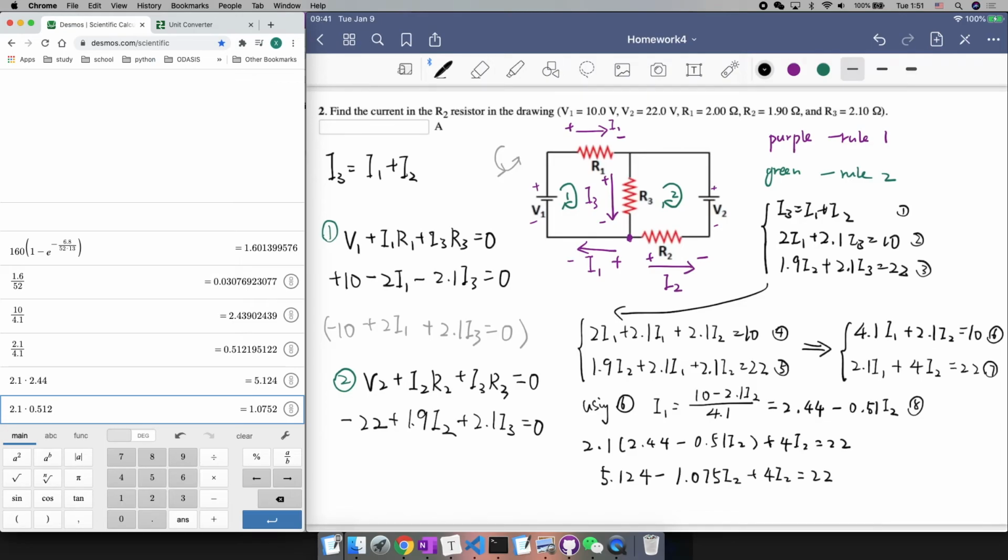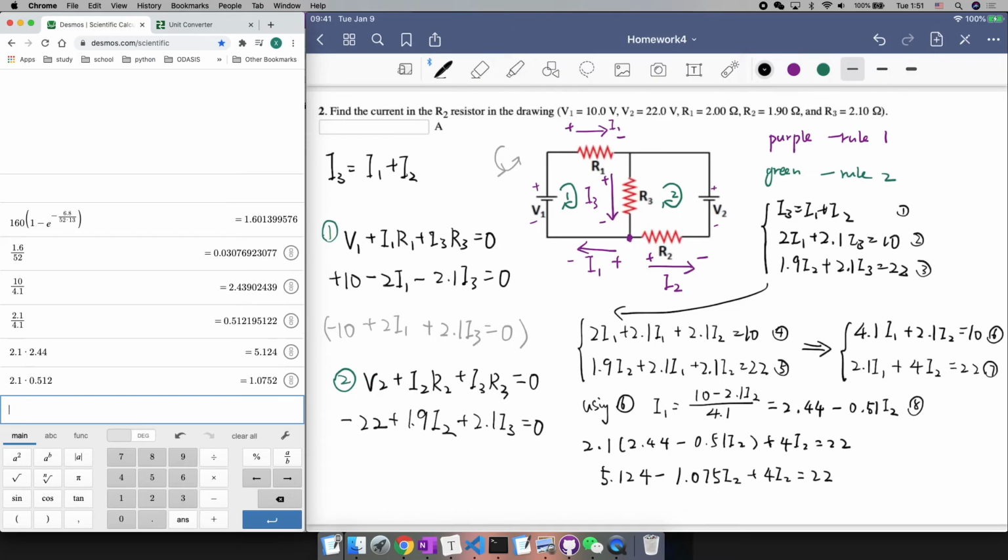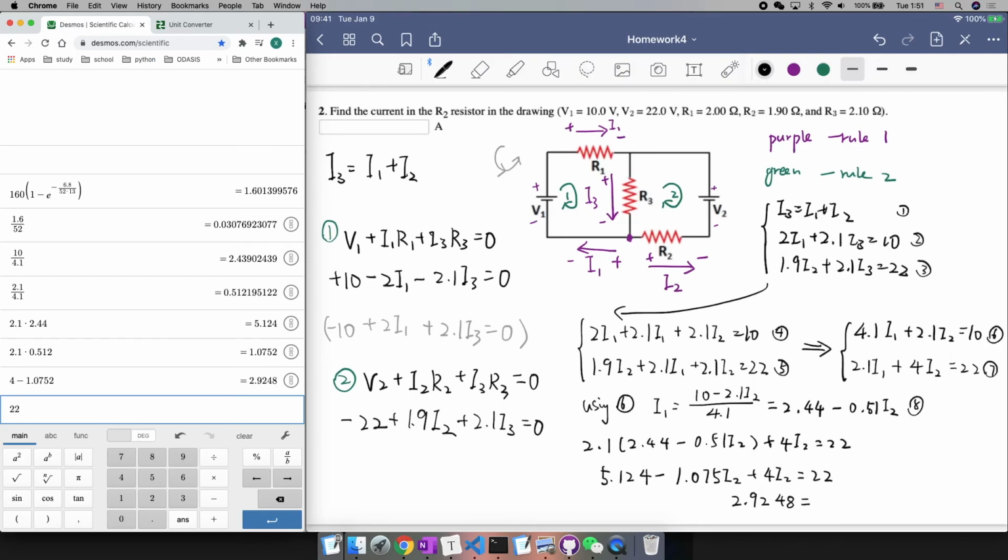Then 4 minus this number is 2.9248 I2 equals 22 minus 5.124, which is 16.876.